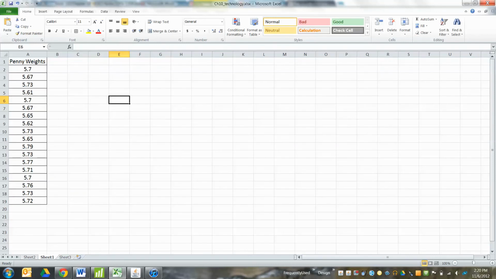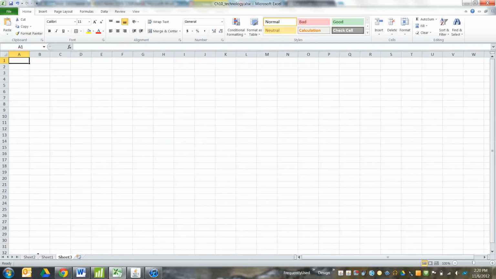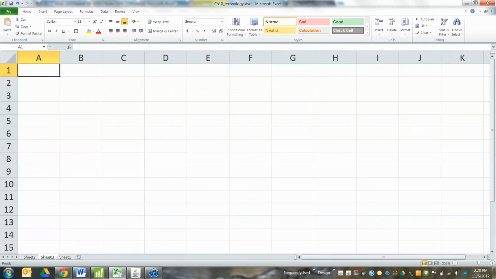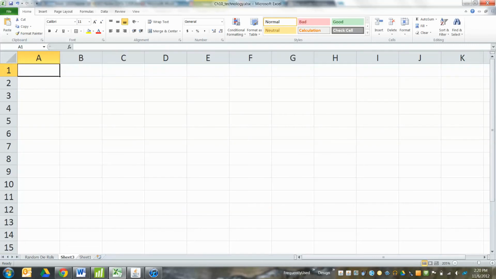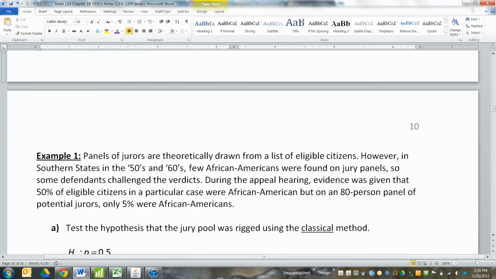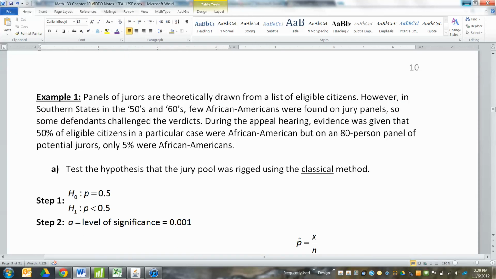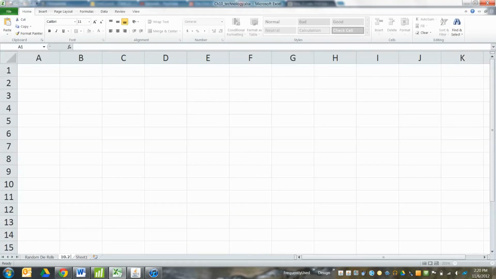So this was just some random example, and I'm going to need a blank sheet in here. So this was random die rolls, right? Just proving we know how to use that random function. And then in here, this is section 10.2, number 1, so example 1. All right, now how do we find that critical value?